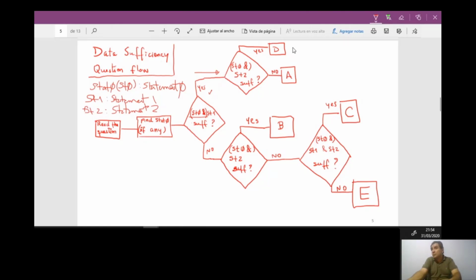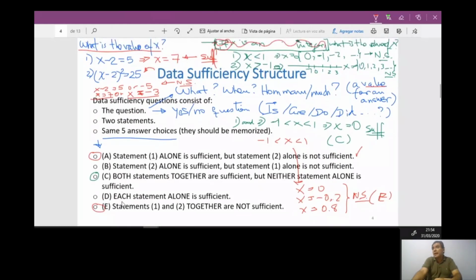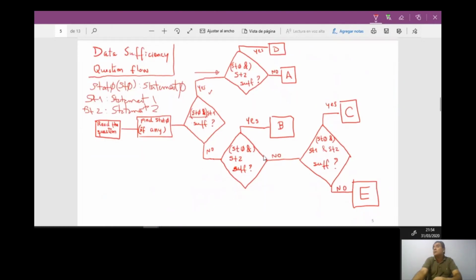Well, then your answer choice should be D. Remember, this answer choice states that each statement alone is sufficient. Okay? So it's a good idea to remember that option 4 or option D actually means that each statement alone is sufficient. So that's how you get to answer choice number 4.